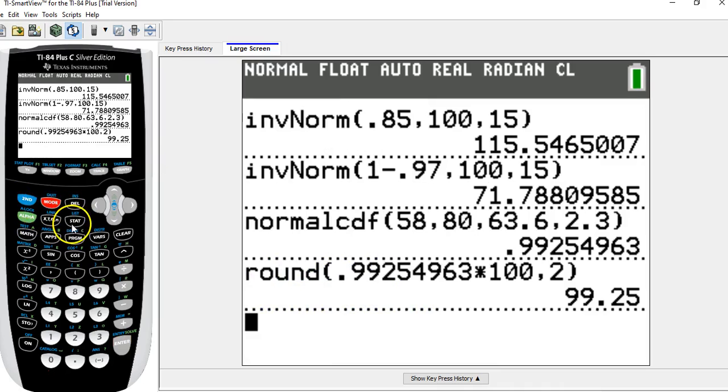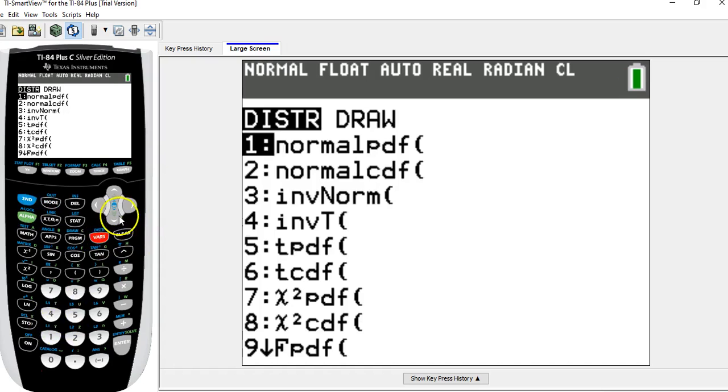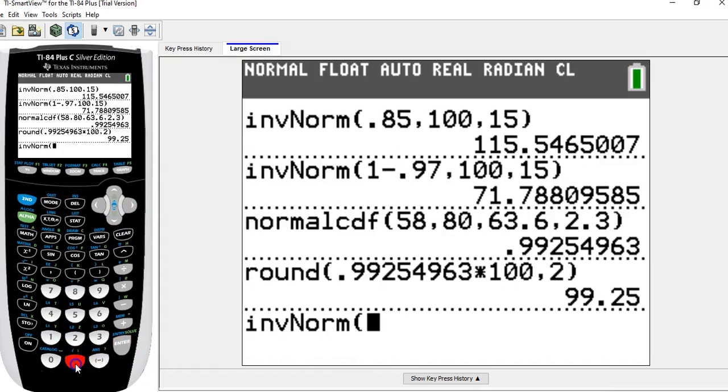For the shortest 1%, 1% is 0.01 as a decimal. So I want InvNorm with the area to the left of 0.01, comma, the mean 63.6, comma, and the standard deviation 2.3.